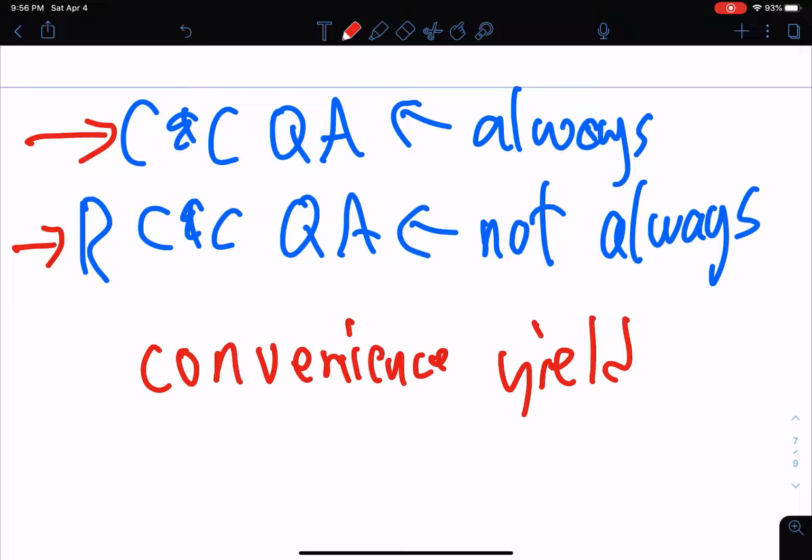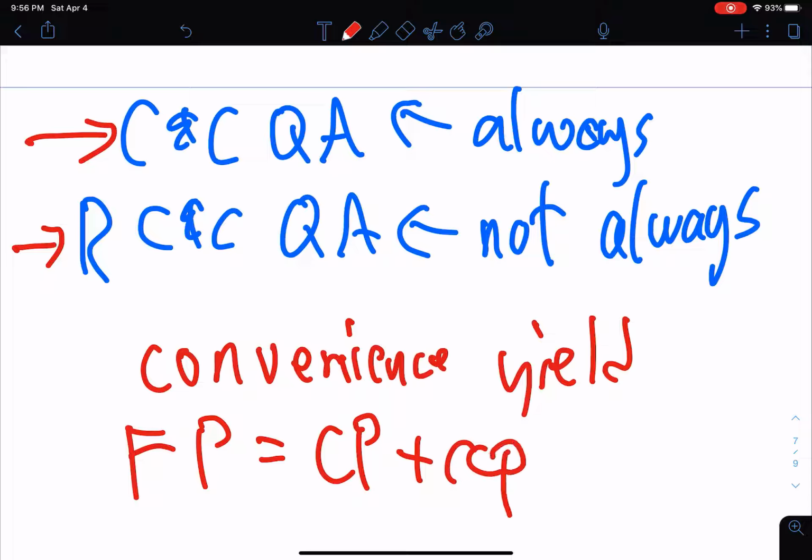So convenience yield is a concept that comes into play in that regard. So you might say that futures price equals cash price plus carrying costs per unit, and then minus convenience yield. So, if you had to model it, you might model it like that. Okay? But I just want you to be aware of that.